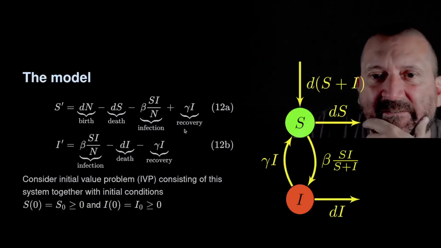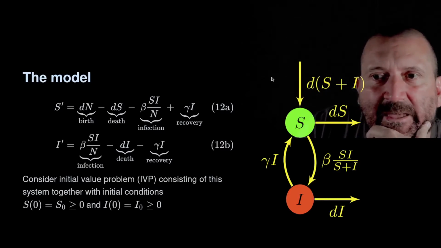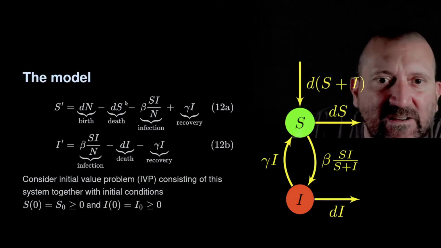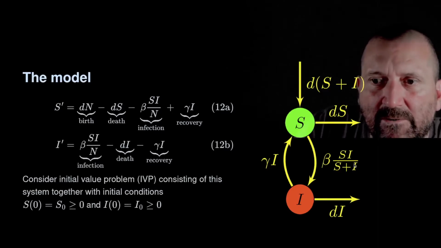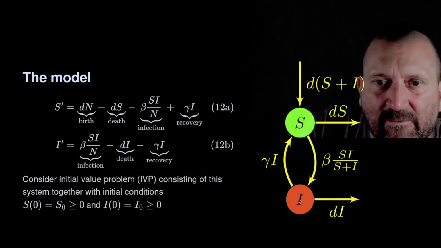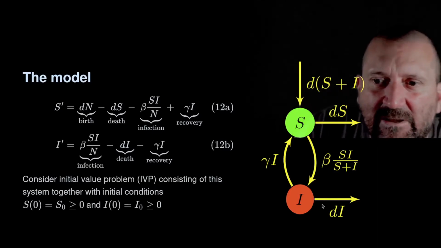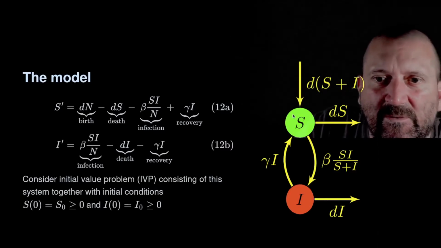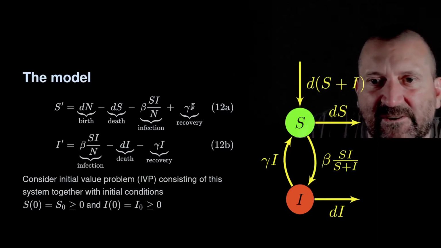And the model is like so. There's birth at that rate DN, N is S plus I, okay. There's death at the rate D. There's infection when you go from S to I, at that standard incidence rate beta SI over N. And recovery takes you back from the I compartment into the S compartment. So in the S compartment, it comes in with a positive sign.